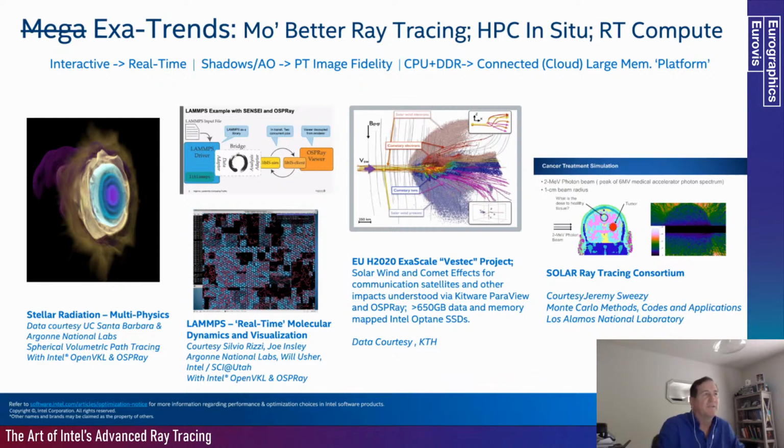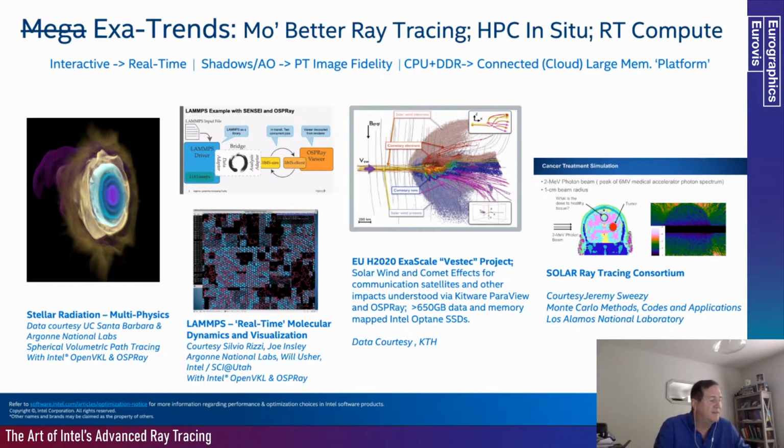Better and better ray tracing for high performance computing, in situ rendering, and then something that I don't necessarily know a lot of people are aware of, but there's more and more utilization of ray tracing, which of course at its core is a physics algorithm, for various types of actual compute, as juxtaposed to visualization or in conjunction with visualization.